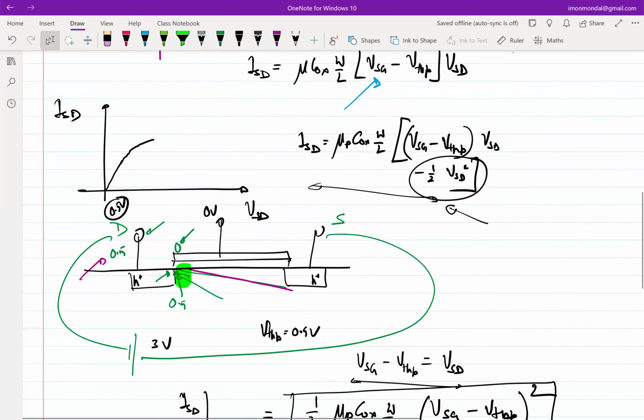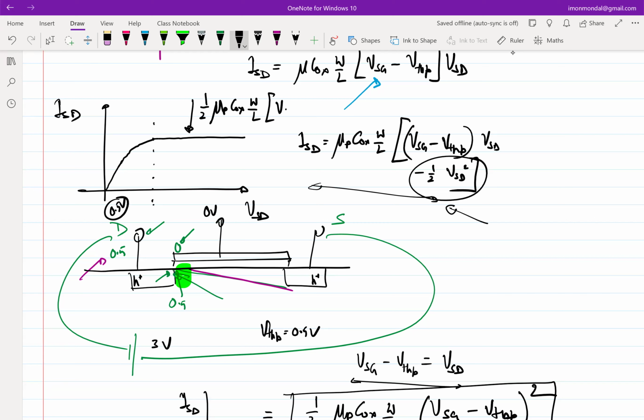And if I plot the same thing on the ID/VDS characteristics, what am I going to see? I'm going to see that at that value of VSD, where I have this saturation, beyond that, the current will become constant. And the expression for this constant current is half mu P Cox W over L times (VSG minus threshold voltage) whole square.